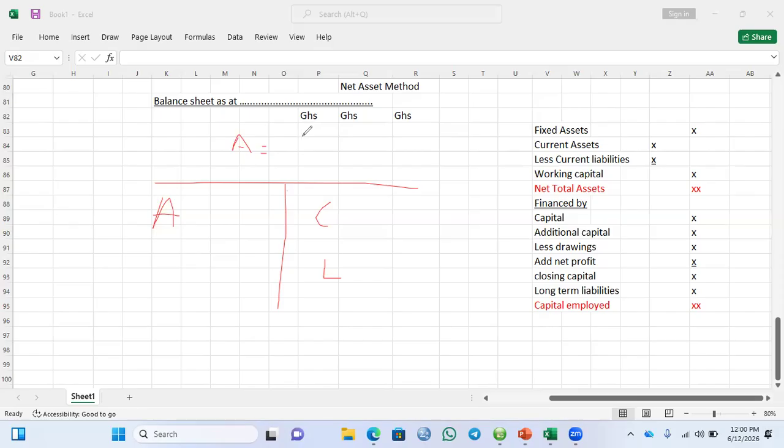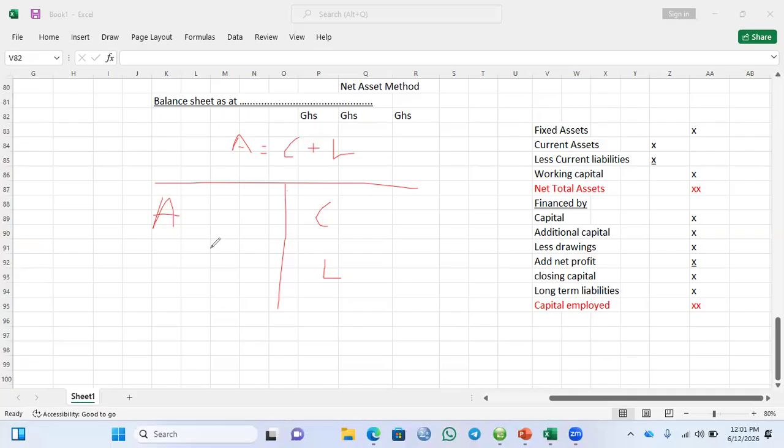Liabilities. So if you use this presentation, you are demonstrating the accounting equation, that your asset on one side should be equal to your capital plus liabilities. And like I said, you can decide to bring the asset here and bring the capital and liabilities here. It doesn't make any difference.